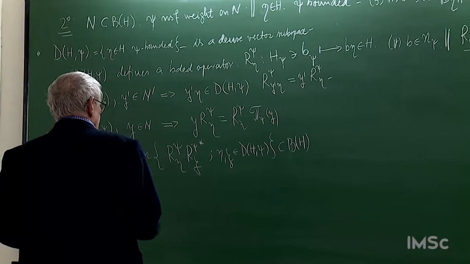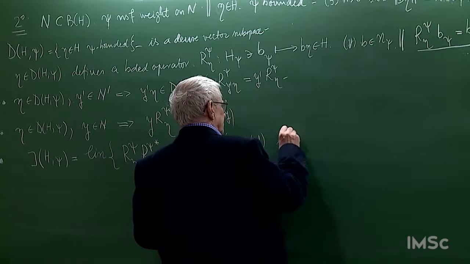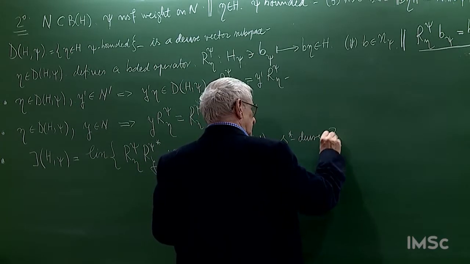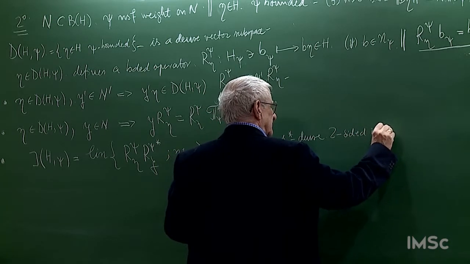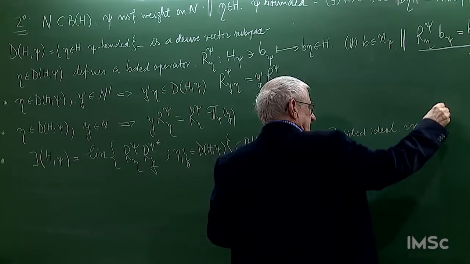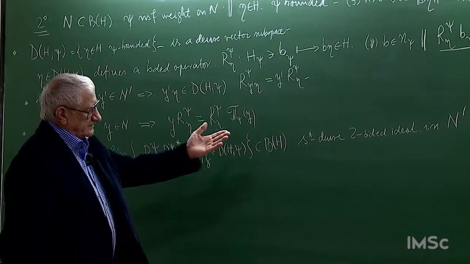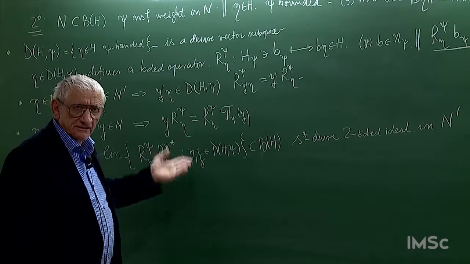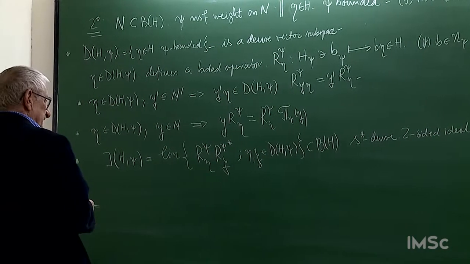Okay. And this is a star-dense, two-sided ideal in N'. So why is it in N'? It's obvious from this relation here, and a relation you obtain by adjoining it.